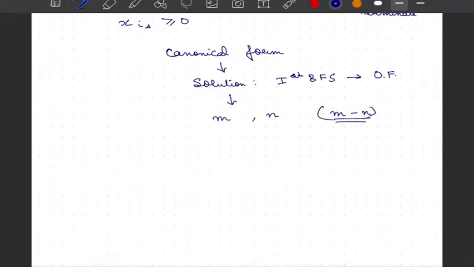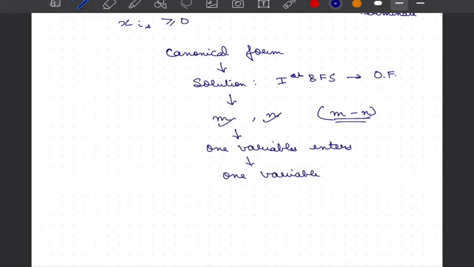So if we have to jump from one basic feasible solution to another, we would make sure that one variable enters. That means we will try to make it non-zero, and as this one variable enters, another variable has to leave, so that we always meet the condition of n minus m variables declared as 0.